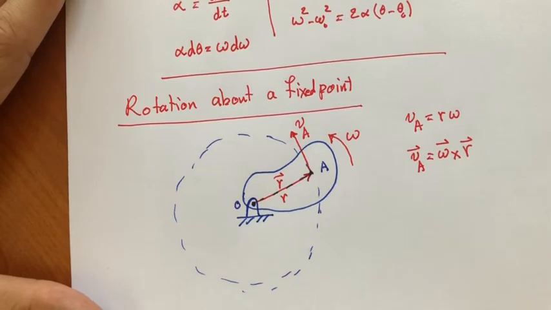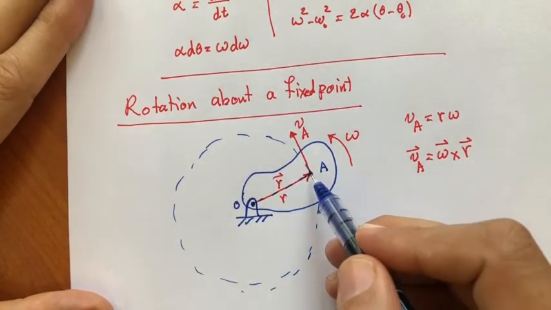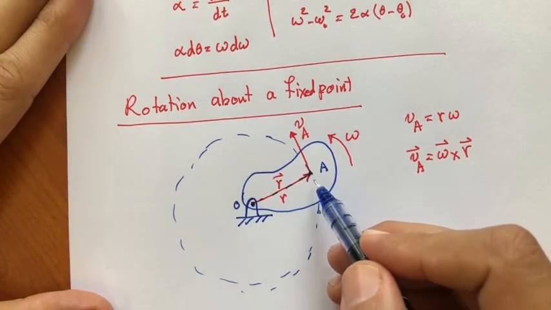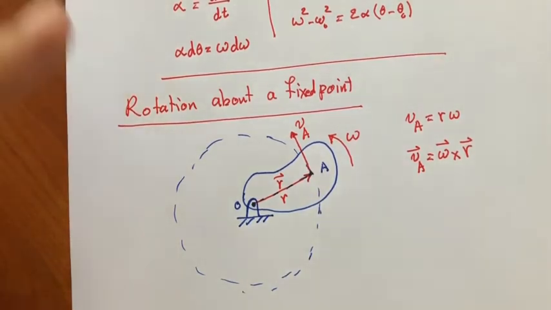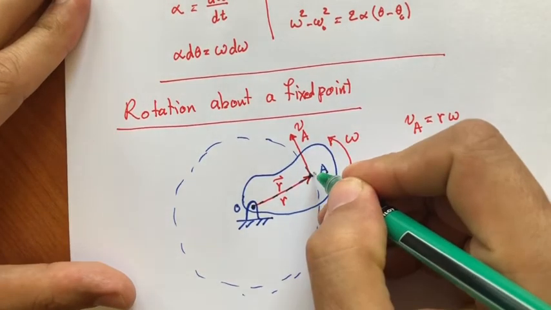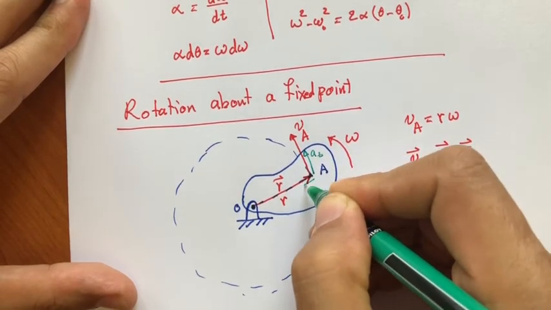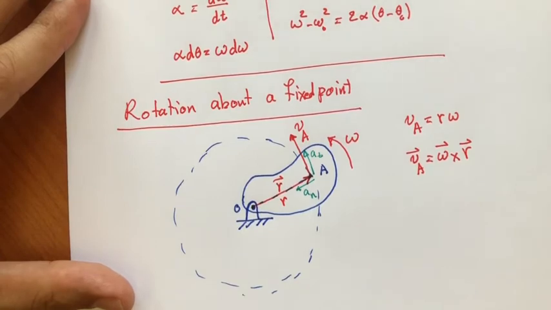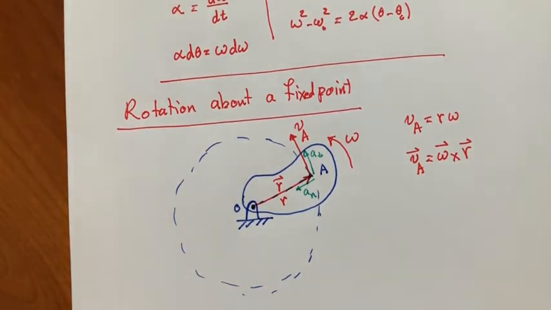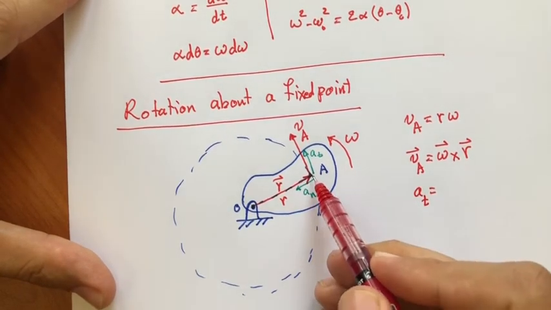We can write a similar equation for acceleration. So if you remember, for any point which is rotating on a circle, acceleration has 2 components: tangential acceleration and also normal acceleration. If I show them with different colors, acceleration in the tangential direction and also acceleration in the normal direction. Acceleration of these points in the tangential direction is going to be equal to change in the velocity.